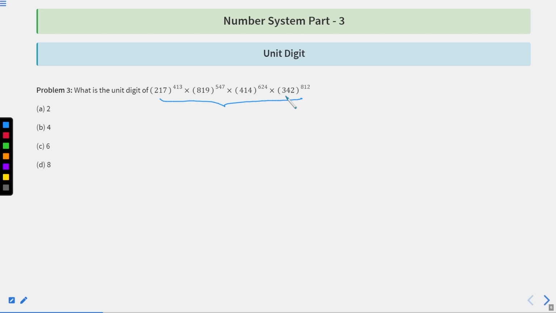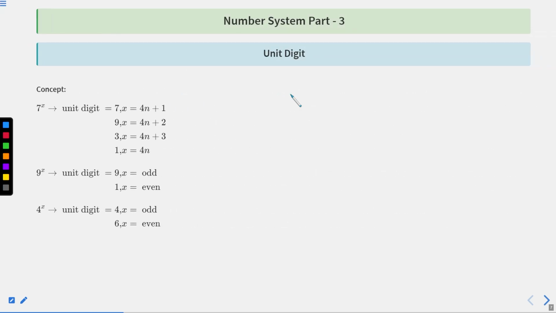We need some method. Now you have to recall what was the method to find out the unit digit for any given number. Here you have 7, here you have 9, here you have 4, and here you have 2. So the rule will work accordingly.